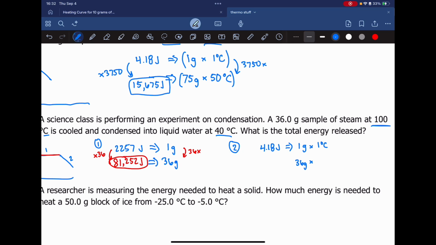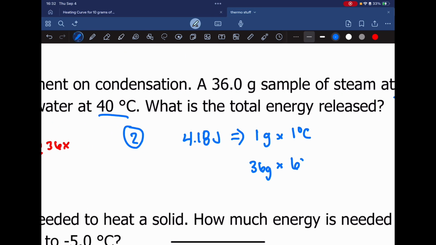We're cooling down from 100 down to 40, which is a temperature difference of 60. So to get my scale factor, I need to multiply by 36 and multiply by 60. So I'll take 36 times 60, gives me 2160.